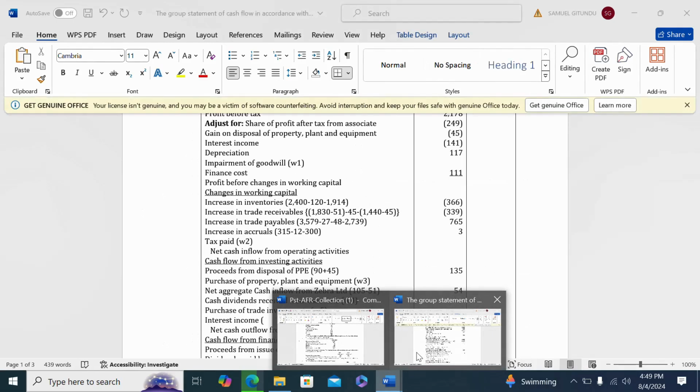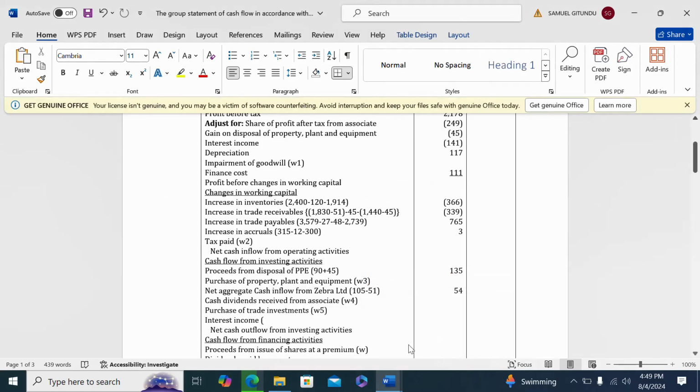So we can say the interest receivable at the beginning of the year was 45 million. Then we add the interest income for that period. How much is the interest income? The interest income is 141 million. So we add 141 million and then we deduct the interest receivable as at the end of the year to get the total cash received from the interest income.